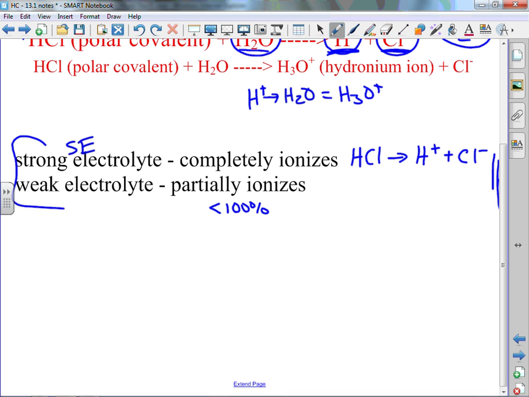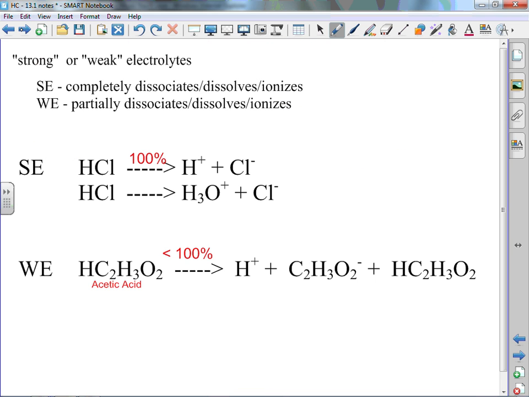Let me elaborate a little more on strong and weak electrolytes. A strong electrolyte completely dissociates, dissolves, ionizes. Use those three words interchangeably, although we probably shouldn't, but we understand what that means. A weak electrolyte only partially will dissociate, dissolve, or ionize. Here's the example. Strong electrolyte, HCl. If we have a certain amount of HCl, 100% of those HCl's will break apart into their two ions.